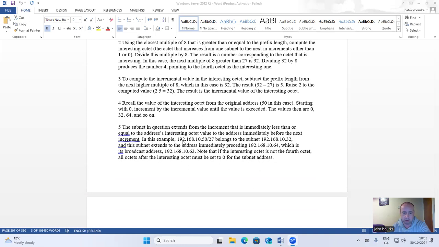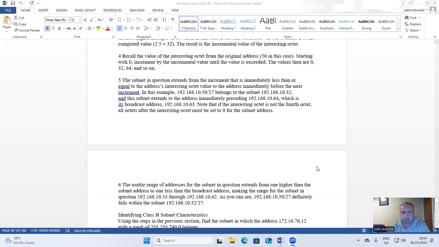In this example, 192.168.10.50/27 belongs to the subnet 192.168.10.32, and this subnet extends to the address immediately preceding 192.168.10.64, which is broadcast address 192.168.10.63. Note that if the interesting octet is not the fourth octet, all octets after the interesting octet must be set to 0 for the subnet address.